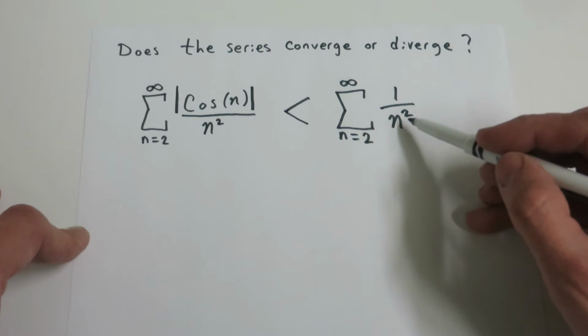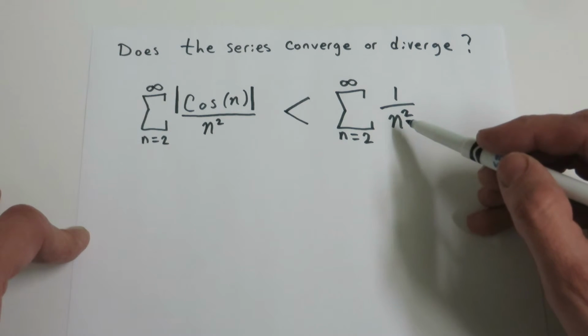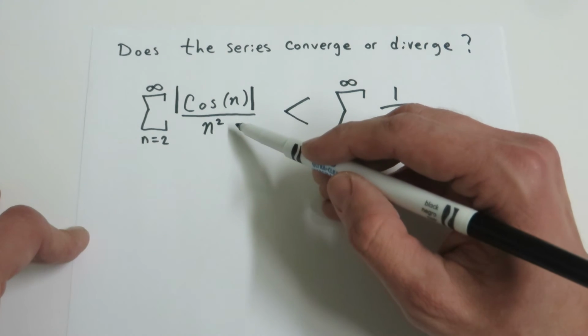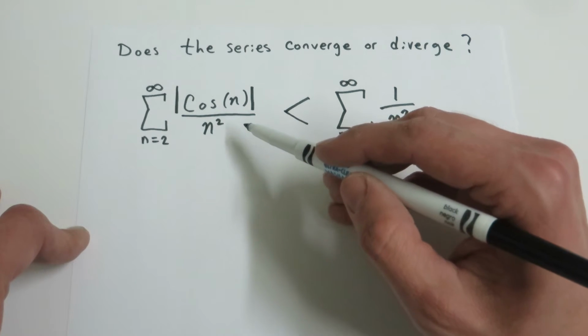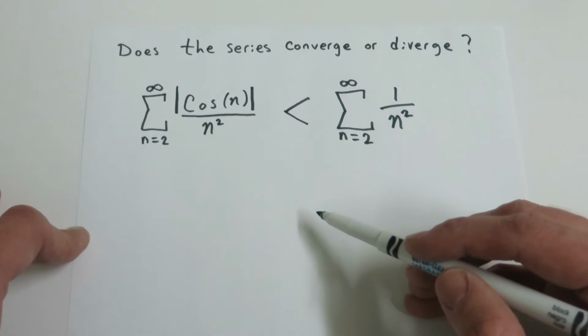And because we know that this p-series here converges and it's bigger than this one, then just by our direct comparison test, we know that this one must also converge.